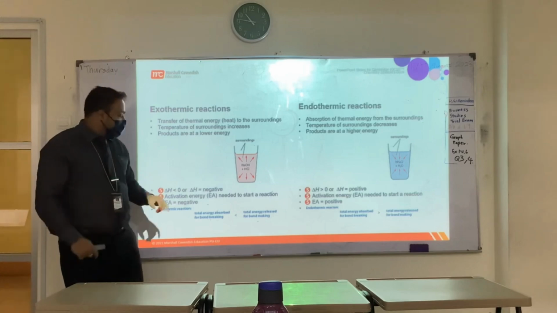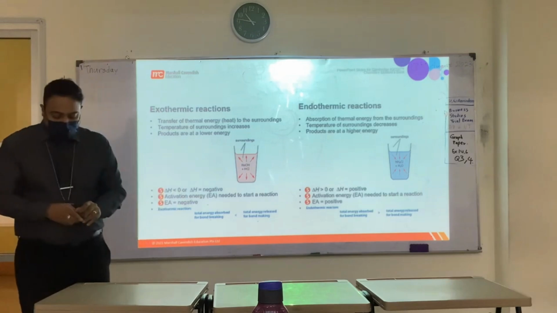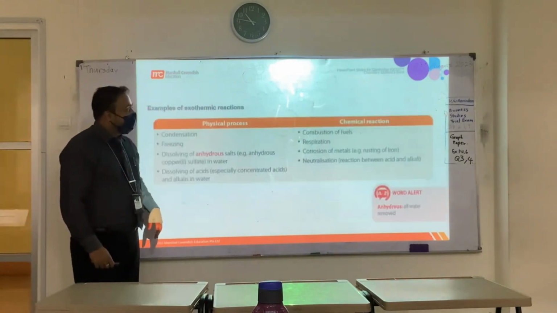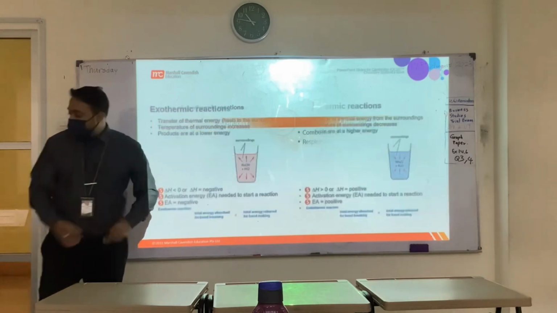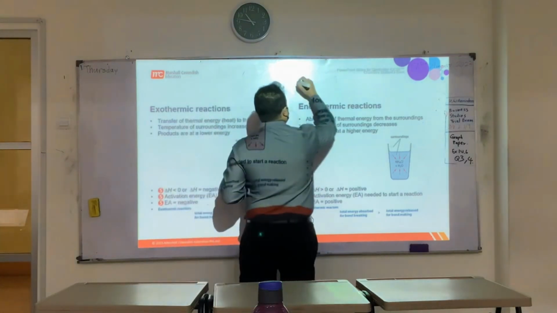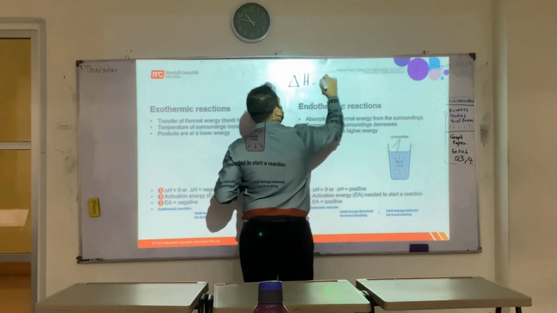So that's the idea. Now this delta H, that takes us to the next thing, which is the symbol of delta H. I'll write it up here. Whenever you see this delta H, that stands for enthalpy change.